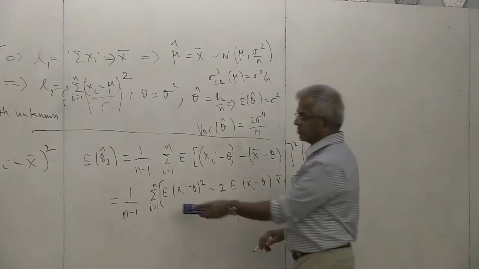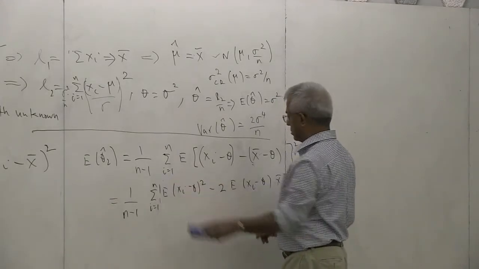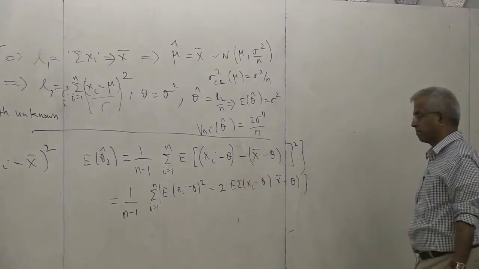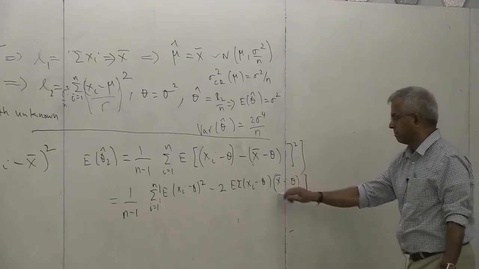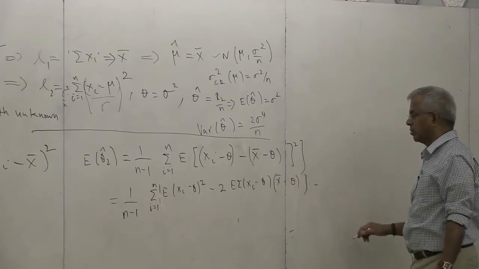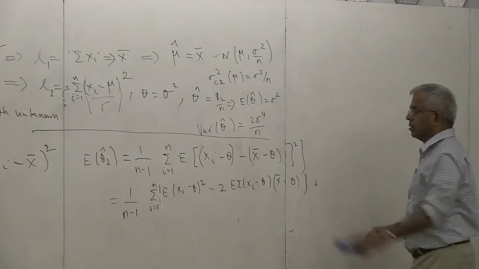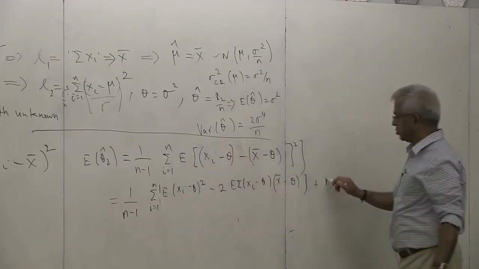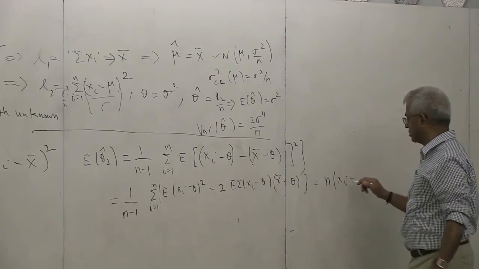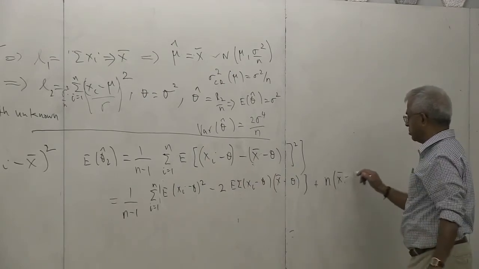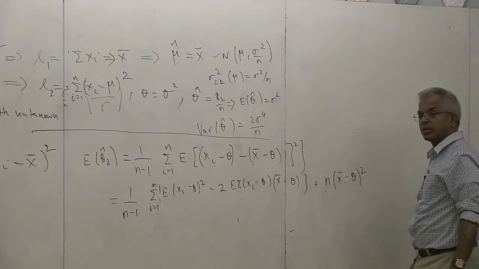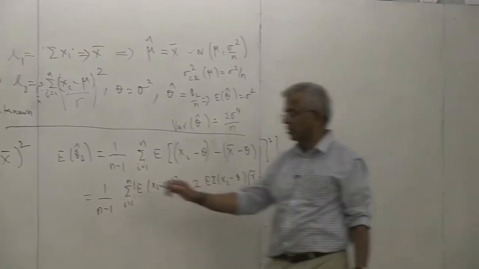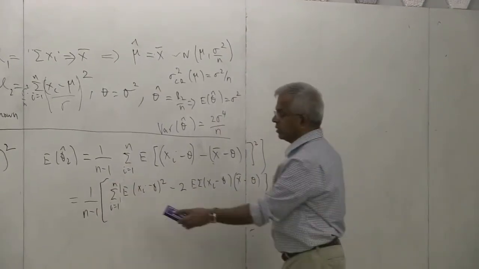Let me bring the summation here also. Plus the last term squared, multiplied by summation, so that's n, xi minus x bar minus theta the whole squared. There is a bracket here.